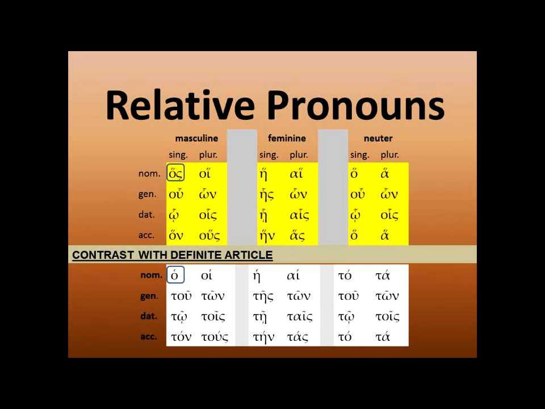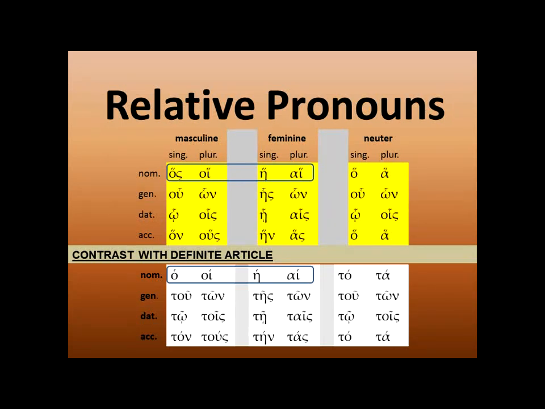Looking at the contrast between the relative pronouns and the definite article, just to review what we've already said, you'll notice that the relative pronoun retains the sigma, the definite article does not have it. The relative pronoun has a rough breathing mark and also an accent mark in the nominative, singular and plural forms for the masculine and feminine gender.